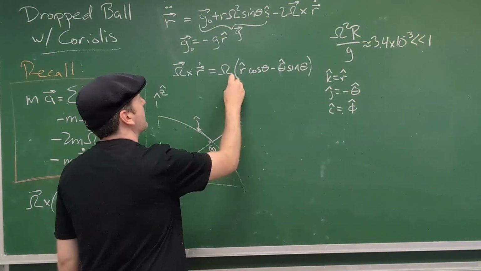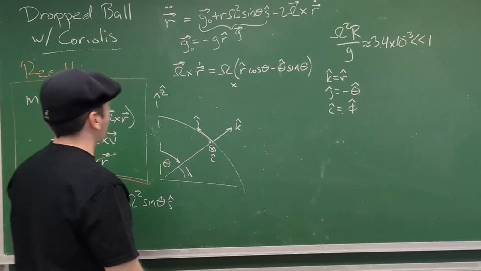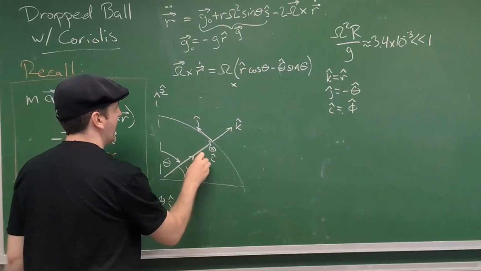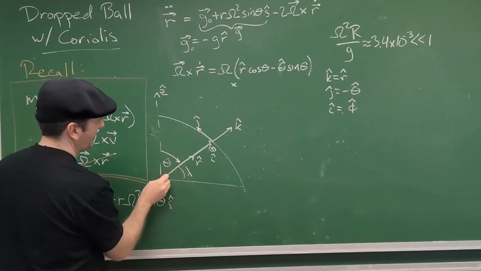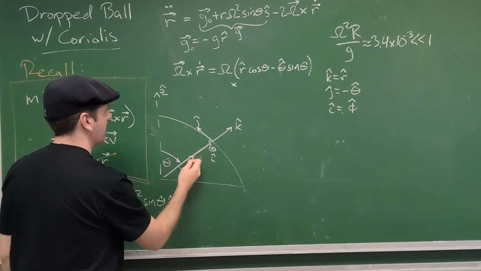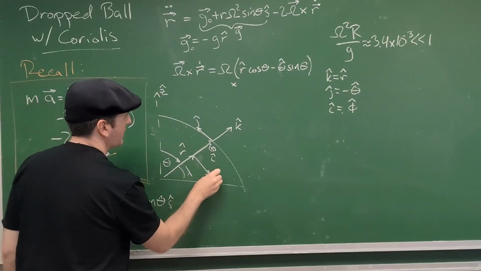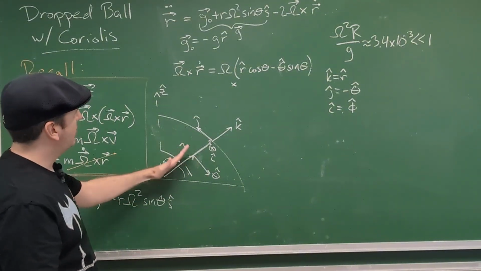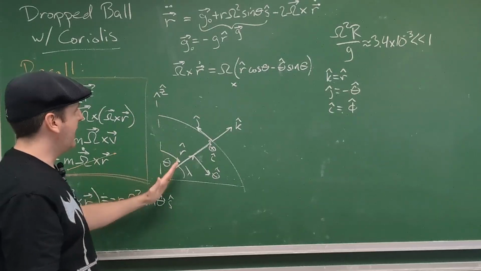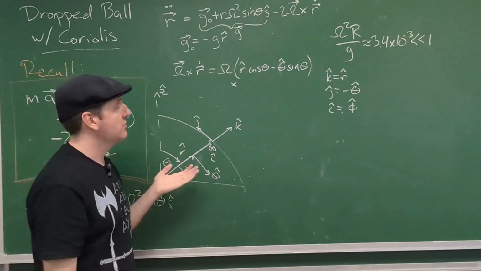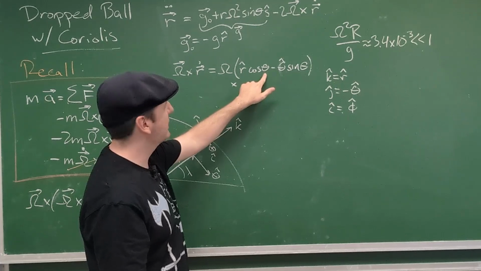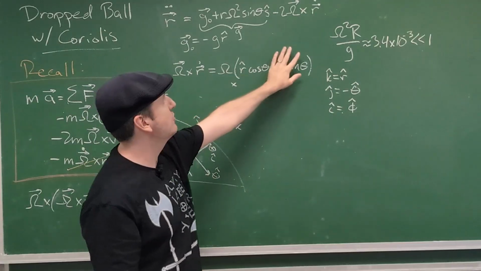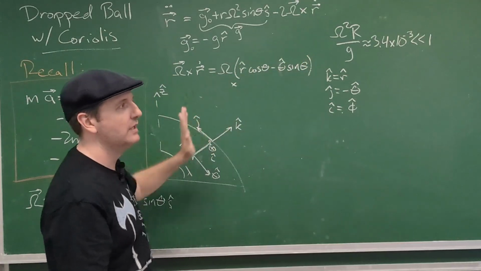Why is that? If we go back and look here, this was also r hat, and this direction was theta hat. You can see that when theta is equal to 0, z hat should align with r hat. They should be equal. So indeed, when cosine of 0 equals 1, I get z hat equals r hat, and there's no piece in the theta hat direction.